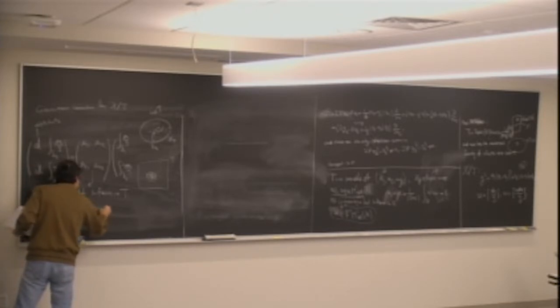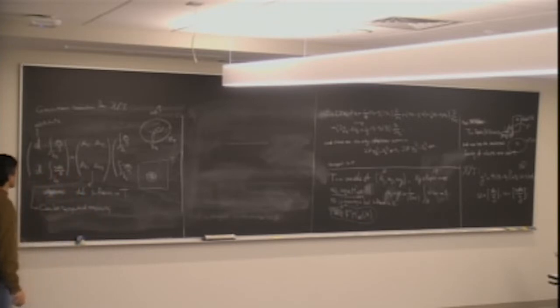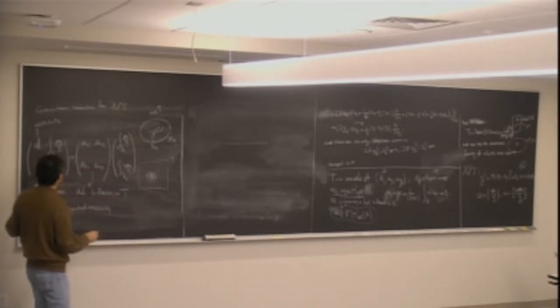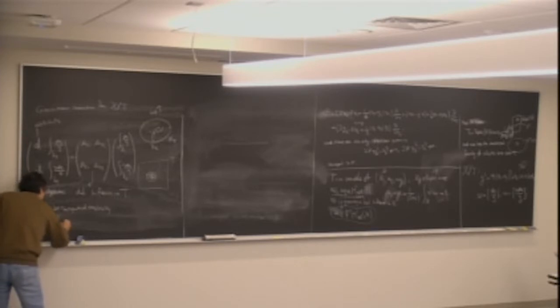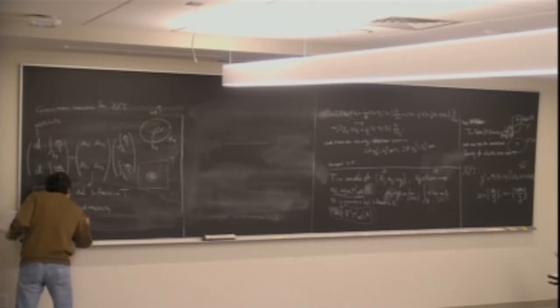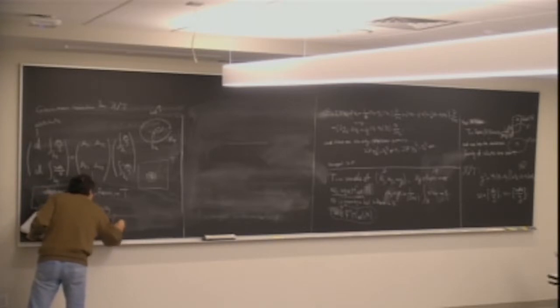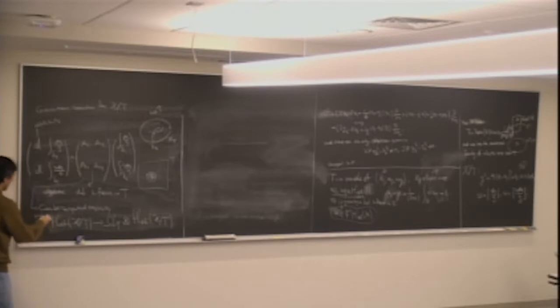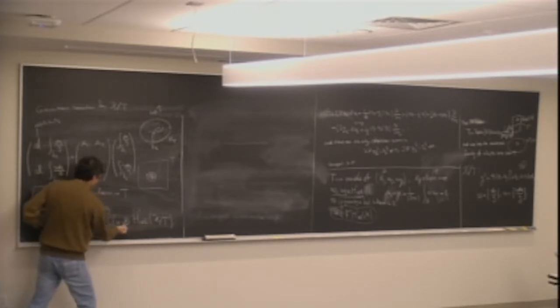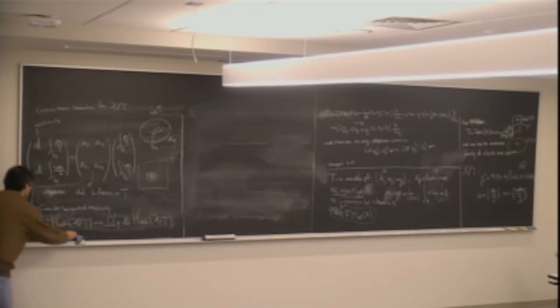And if you want a fancy language for the Gauss-Manin connection, it is this one. You have the cohomology bundle H^1_dR of X_t over T, and then you have a connection there, and then you have this alpha omega that I have written here.